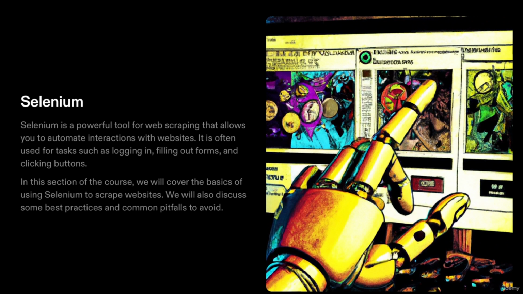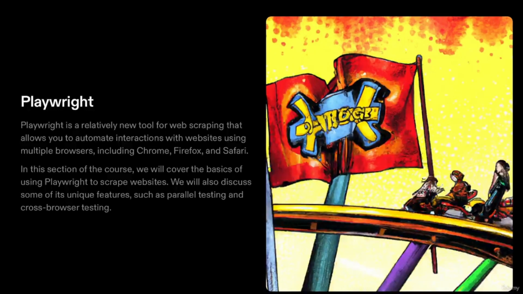Now, each of these topics I should mention will come with a project to facilitate better understanding of the methods and attributes. Moving on to Playwright, which is relatively a new tool for web scraping that allows you to automate interactions with websites using multiple browsers such as Chrome, Firefox, or Safari.